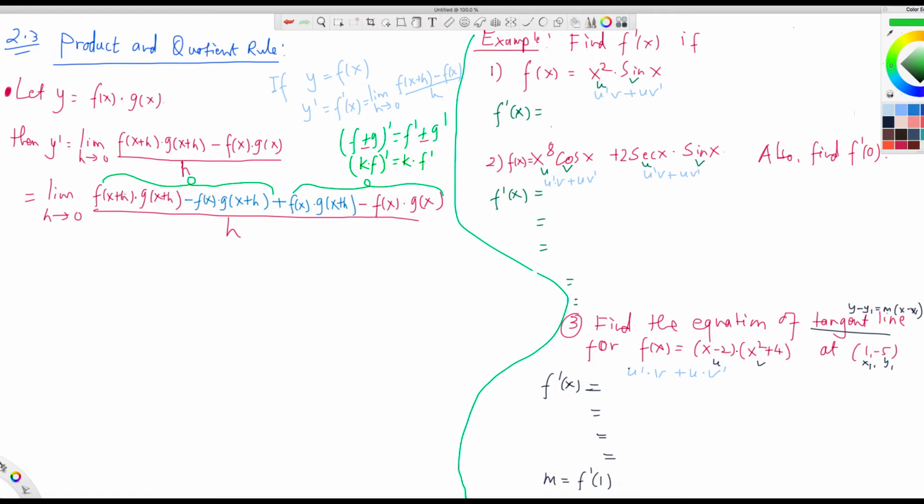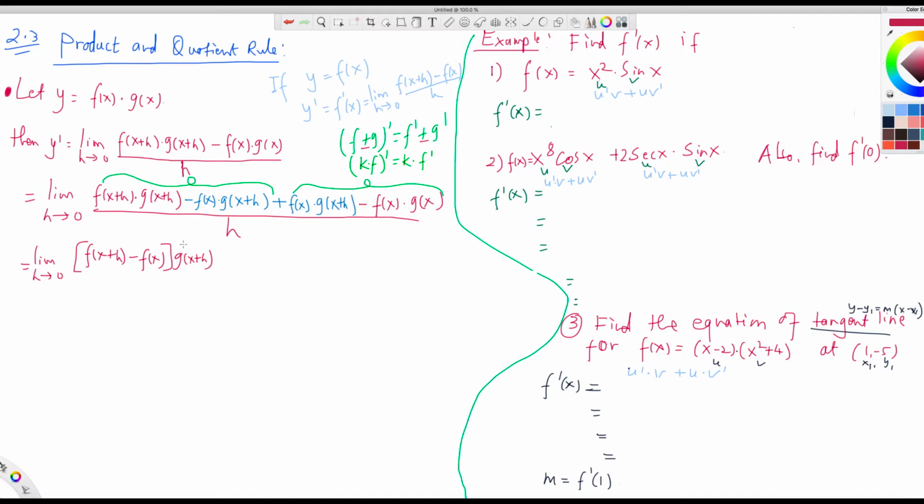Now let me group the first two terms and the last two terms, and then see if there is anything common, okay? So what is the common on the first term and the second term? g of x plus h. Let me do that. So it is limit h tends to 0, f of x plus h minus f of x, okay, and then times g of x plus h.